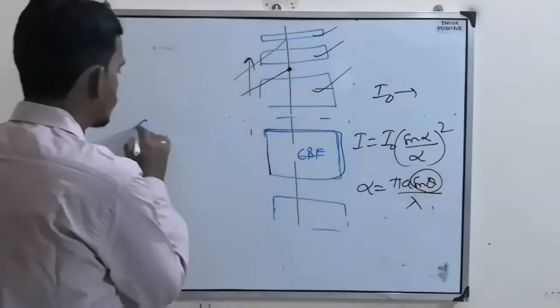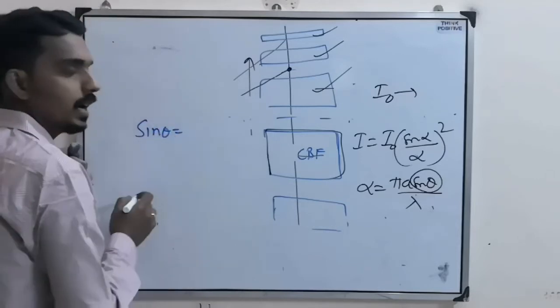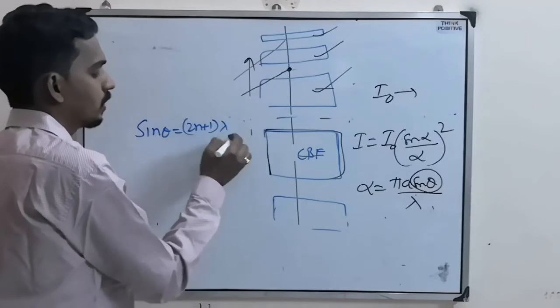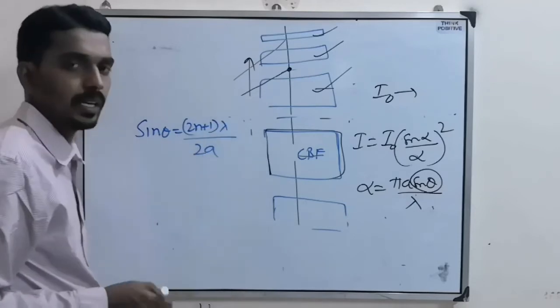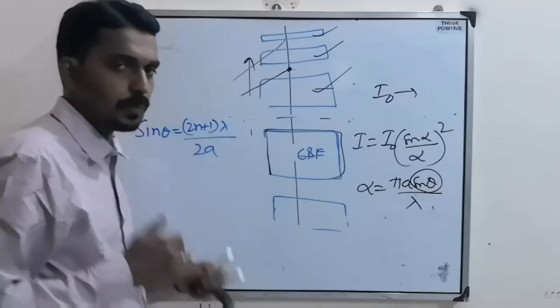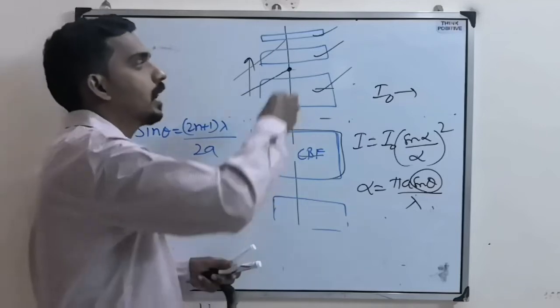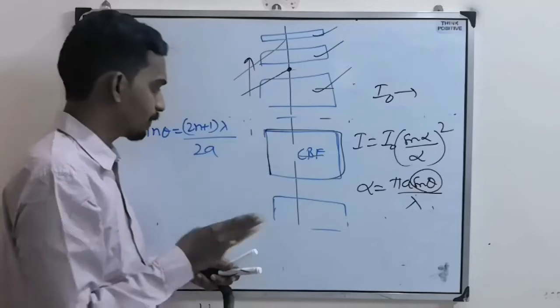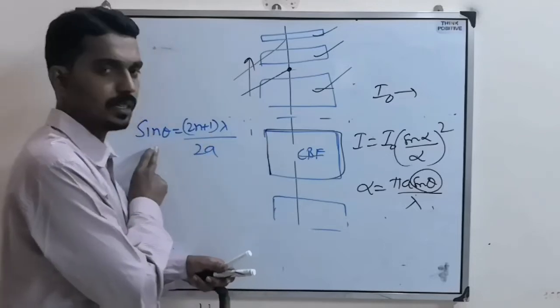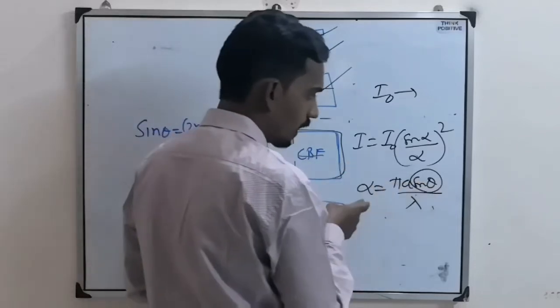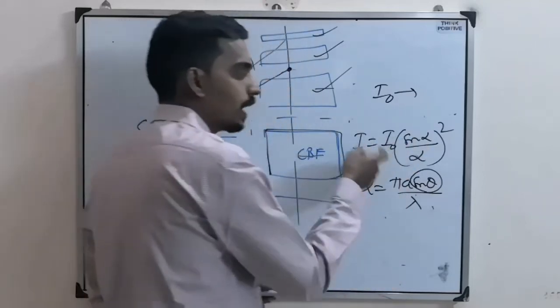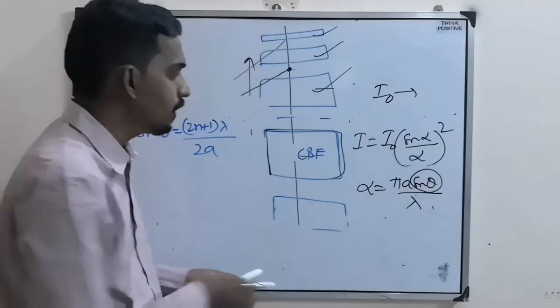Just now we have seen sin theta for the nth secondary maxima is (2n+1) lambda by 2a. So suppose they ask what is the intensity of the third secondary maxima, then take n equals 3, substitute here, find sin theta, then substitute here, find alpha, then substitute here, get the intensity, where I naught is the intensity of the central bright fringe.